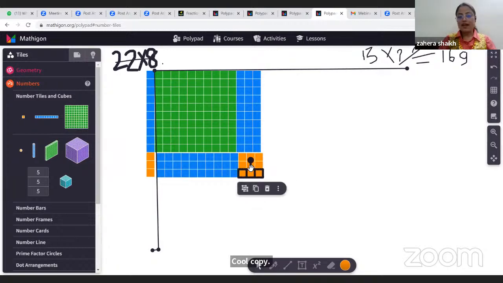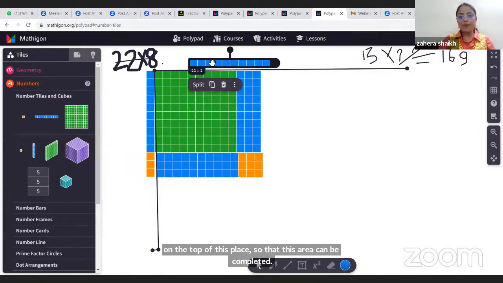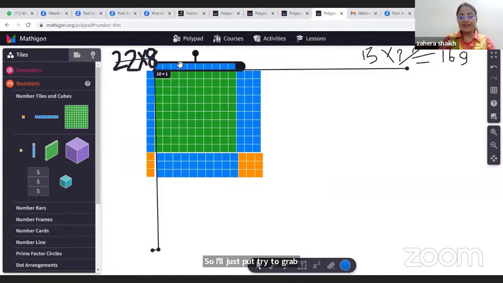Now see, I am able to fill this rectangle easily. Now I have to find out what numbers can be placed on the top of this place so that this area can be completed. So I'll grab the blocks and try to get the idea of what exactly would be the number.